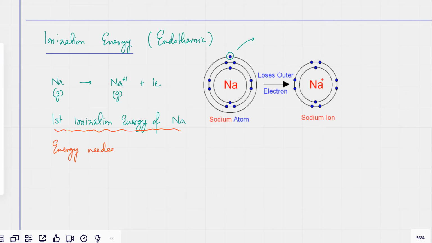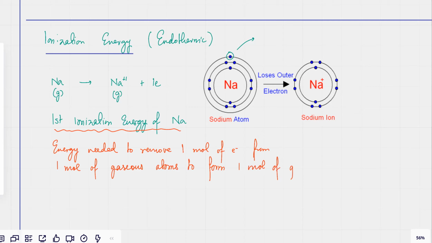You'll be asked about the definition. You'll be asked about writing the equation for ionization energy. So this is known as the first ionization energy. Remember, you have to write the states, and you have to write it exactly this way if you're asked in a past paper question. So it's the energy that is needed to remove 1 mole of electrons from 1 mole of gaseous atoms to form 1 mole of gaseous +1 ions.